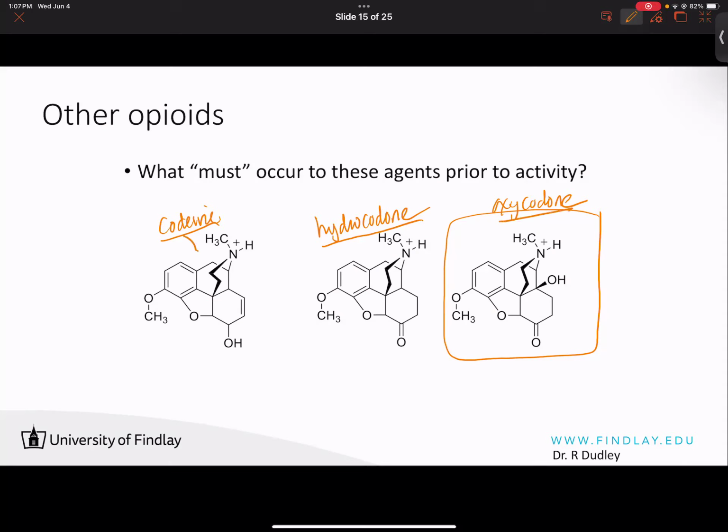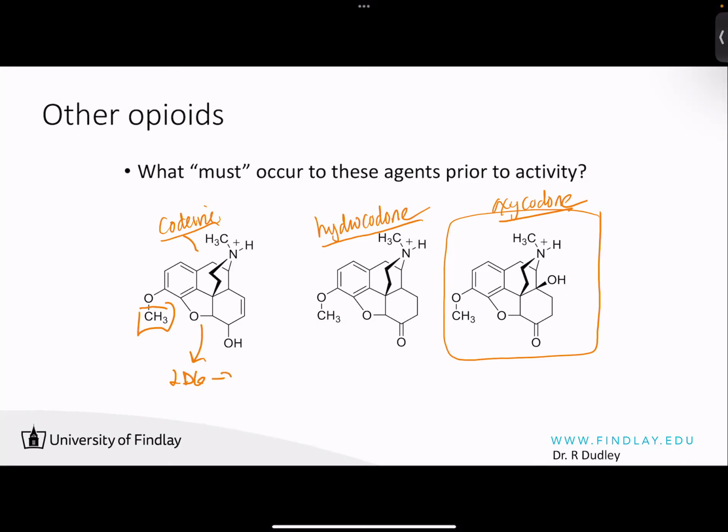Codeine, as it gets processed by CYP2D6, that enzyme will remove that methyl group, and you'll end up generating morphine. So you can argue that codeine is a prodrug leading to the formation of morphine after it gets metabolized by CYP2D6.